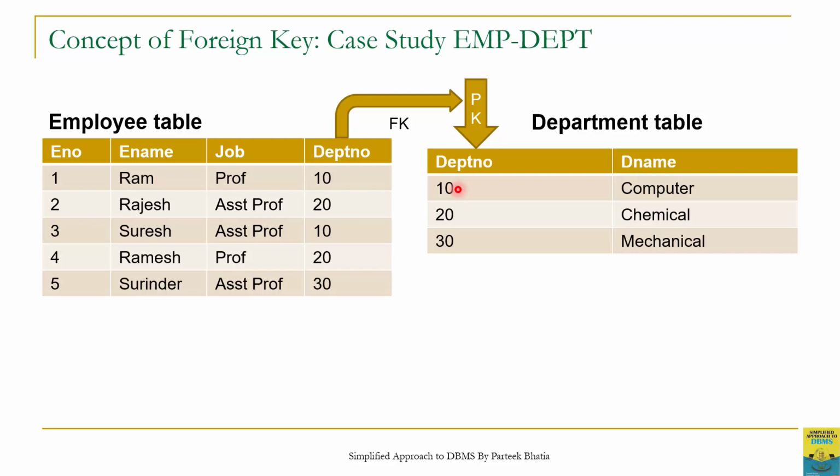Here we have department numbers 10, 20 and 30 in the master table. This department number of the employee table will act as a foreign key, which will refer to the primary key of this master table. Whenever we issue an insert statement over this employee table, it will check the value of department number in the master table.